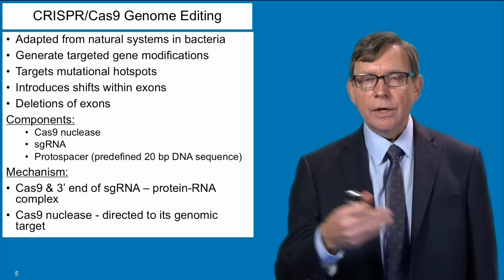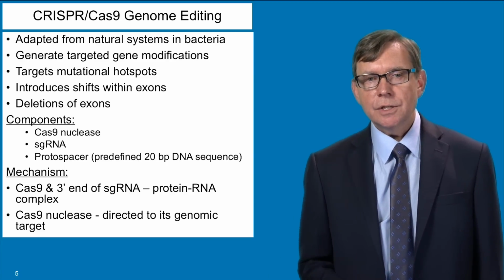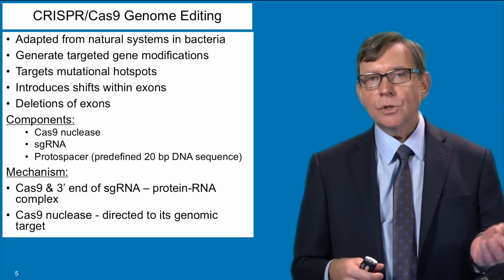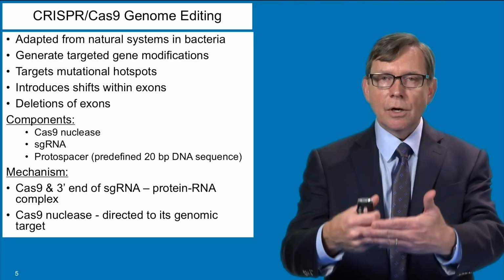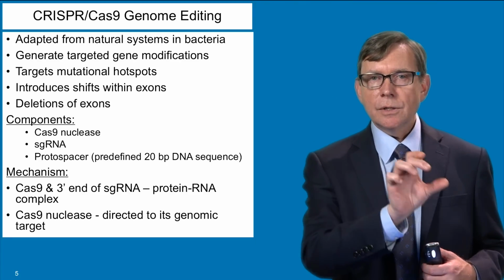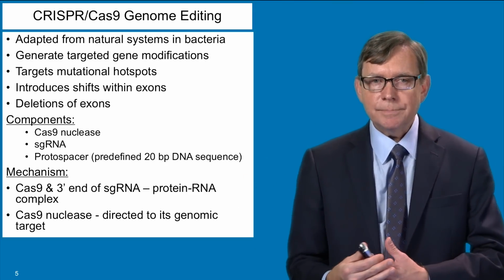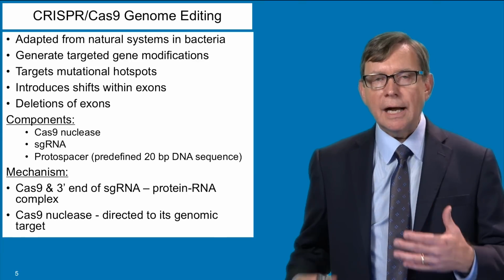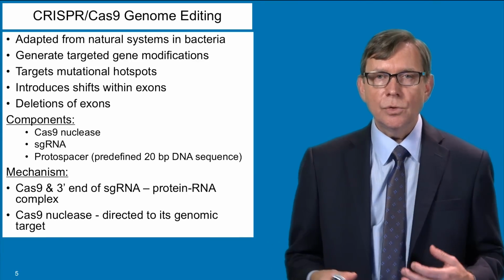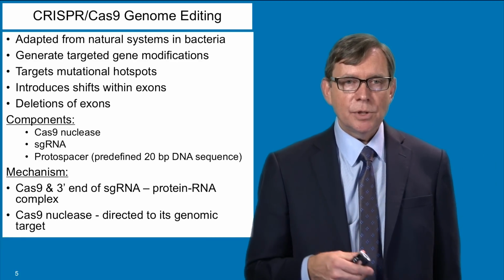How do you control where this nuclease is going to be active? That's determined by the second component of the system, which is known as a guide RNA. These guide RNAs are able to identify a region in your target DNA known as a protospacer. This is a predefined region that you can go through and search your gene of interest, find these targeting regions, and design a guide RNA that will home in and find that region and bring in the Cas9 nuclease to introduce a cleavage of the DNA at specific and predictable sites.